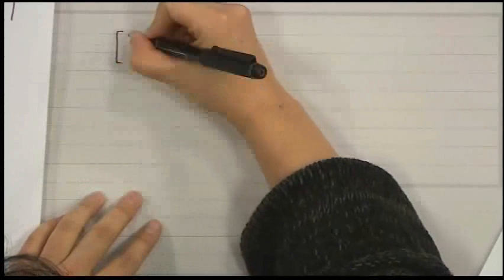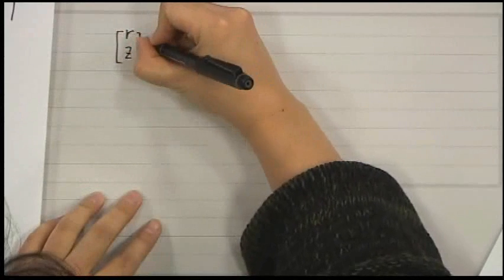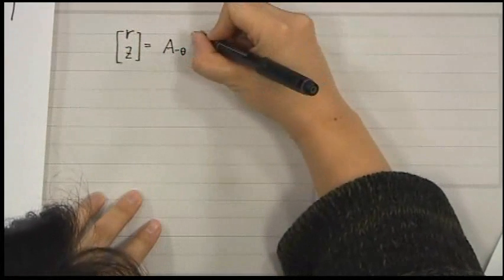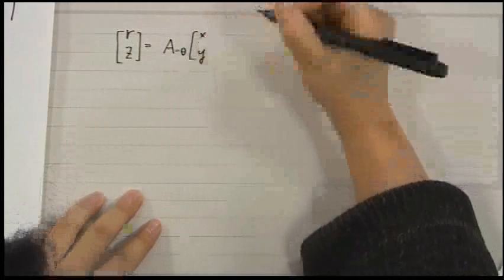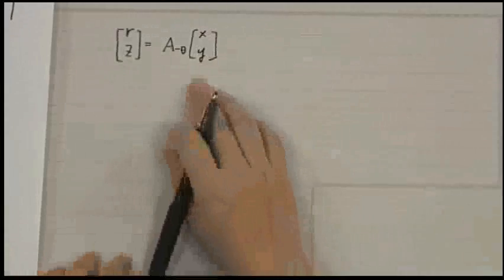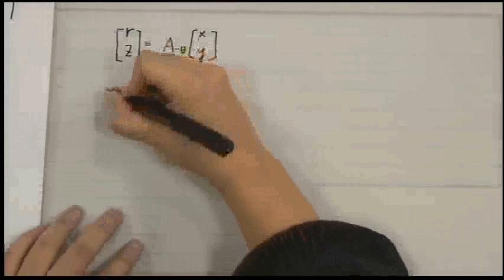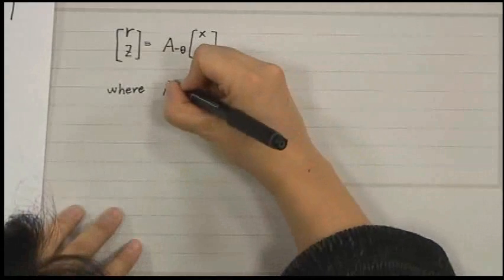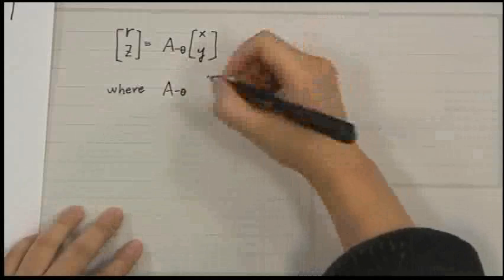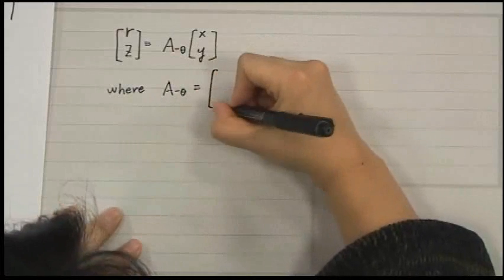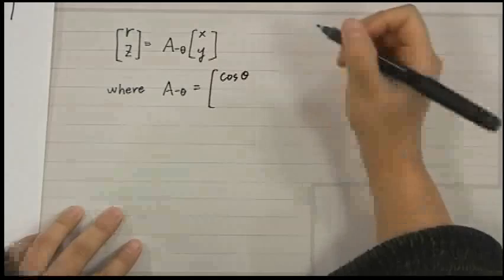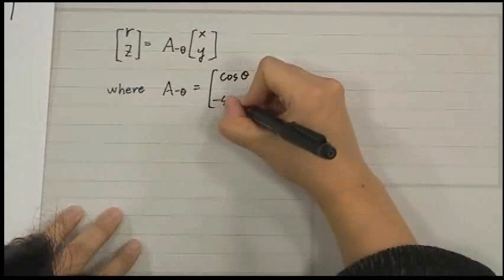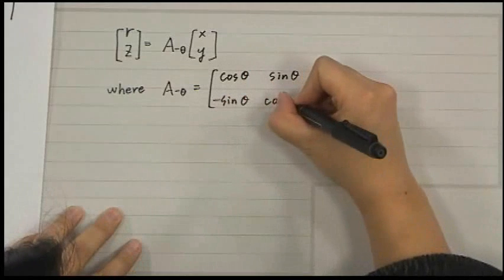So right now, we have this relationship, and A minus theta is minus theta, cosine theta.